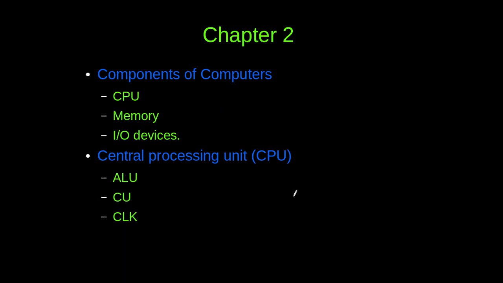Components of a computer: a CPU, the central processing unit, is the brain of the computer. Then we have memory. Remember the von Neumann model? I'm not going to cover everything here in the slides; you have to go back and read. The stored-program concept enabled us to store programs.